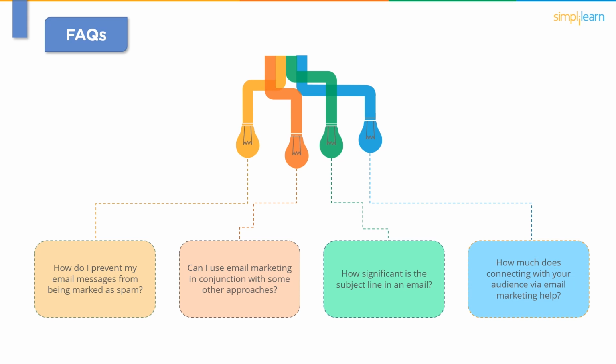Final question, how much does connecting with your audience via email marketing help? Often email marketing is used once you've got the first awareness stage in place. So you're using email marketing to start taking customers through the buying cycle.